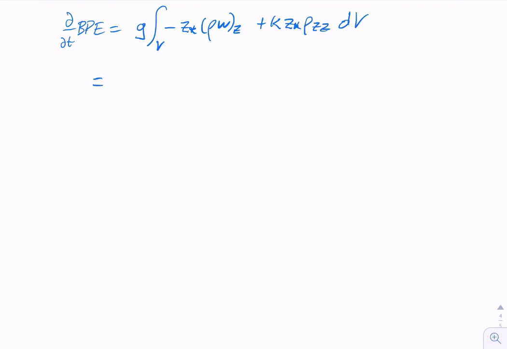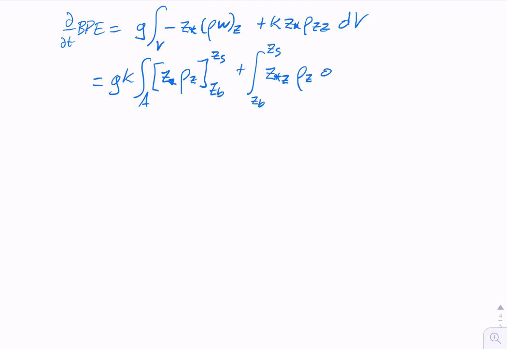Instead, we're going to focus on the second term, which we integrate by parts to give G kappa times the integral over the area of, firstly, the difference between Z star d rho/dz at the surface and the bottom, plus the integral from ZB to Z star of dz star/dz times d rho/dz dz dA.